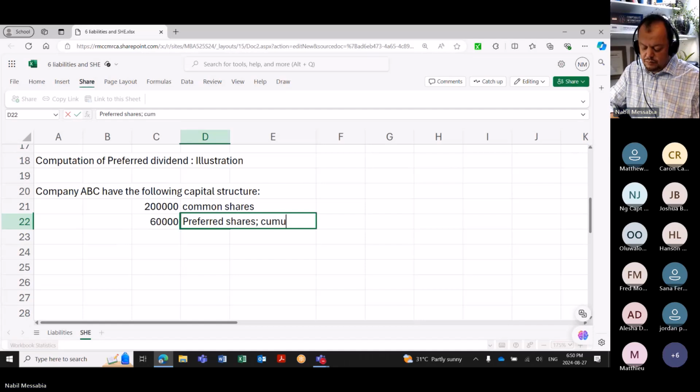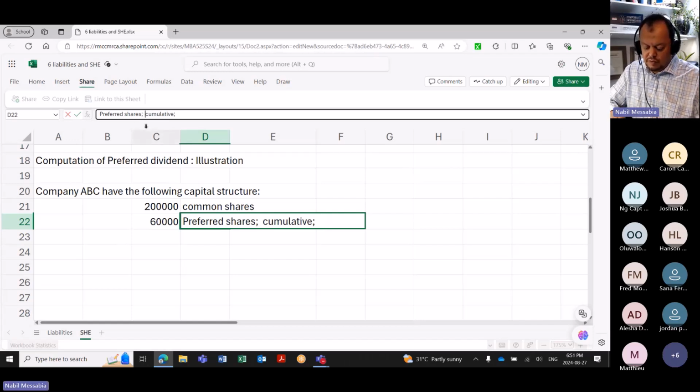Cumulative. And let's say $1 cumulative preferred dividend. $1, which means every single preferred share will grant a $1 preferred dividend when it is declared.